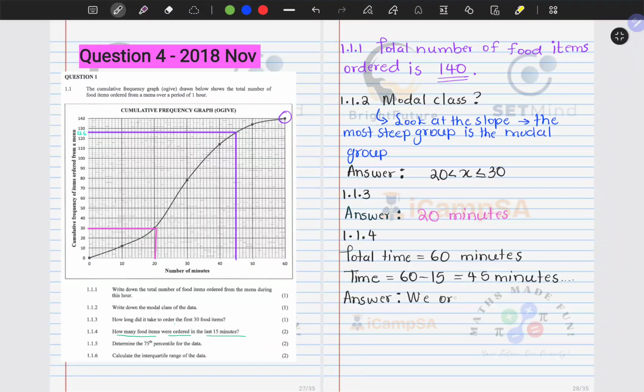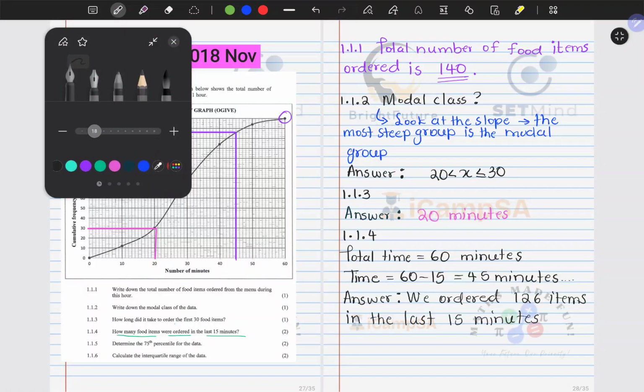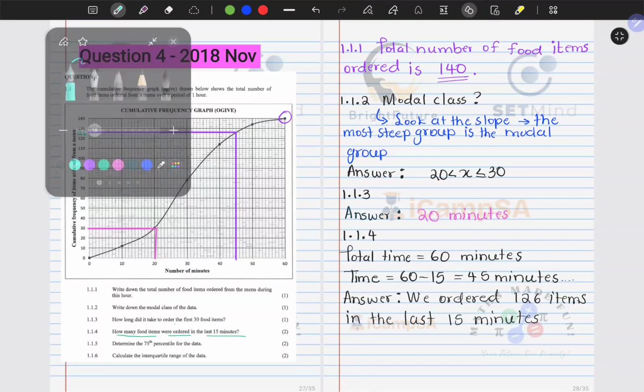Okay, so now we can go ahead and present our answer, and that is we ordered 126 items in the last 15 minutes. Okay, so that is what you were expected to do, guys.